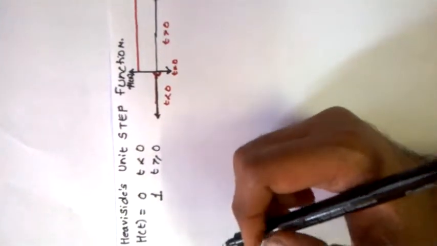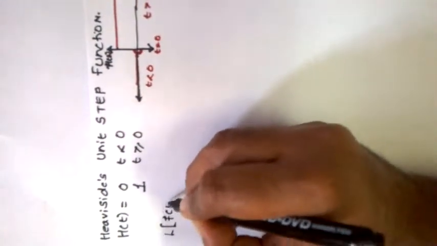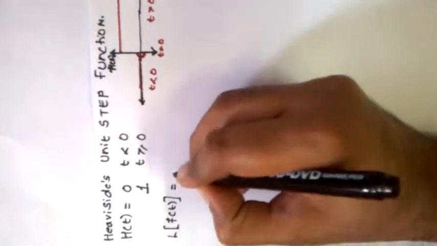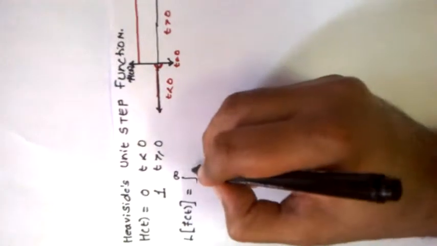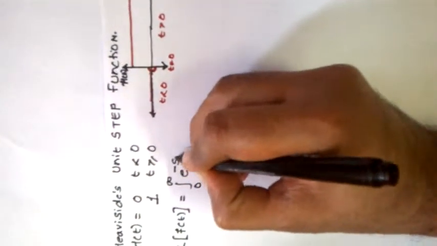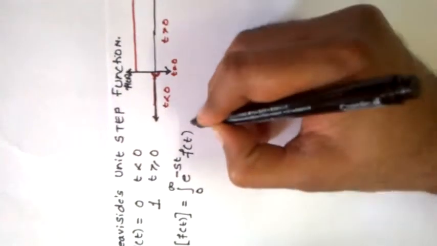If we are interested now in Laplace transform of such a function, then we will use the definition, which says Laplace transform of f of t is integration 0 to infinity e raised to minus st f of t dt.